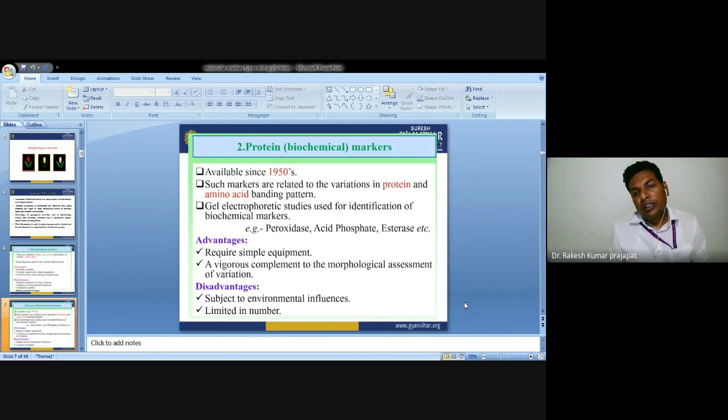Protein markers, or in other words biochemical markers, have been available since the 1950s. Such markers are related to variation in protein and amino acids. Gel electrophoretic studies are used for the identification of biochemical markers like peroxidase, acid phosphatase and esterase.